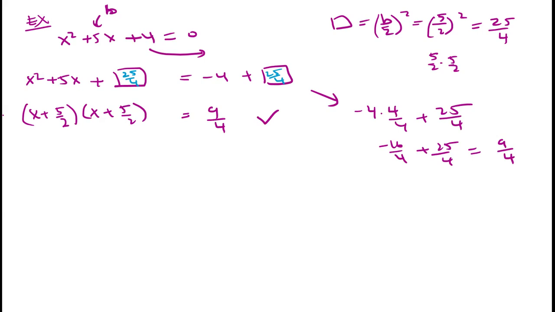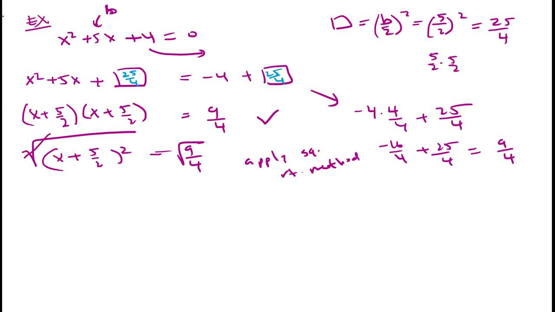So then we rewrite this as x plus 5 over 2 squared equals 9 over 4. Then we apply the square root method once we get to this point. We're going to take the square root on both sides.